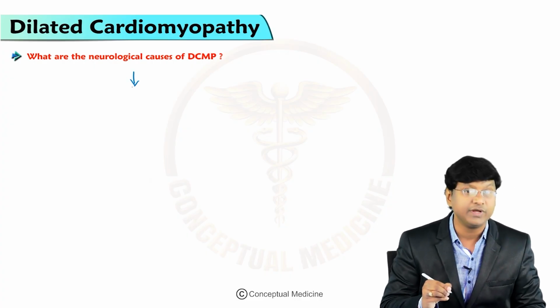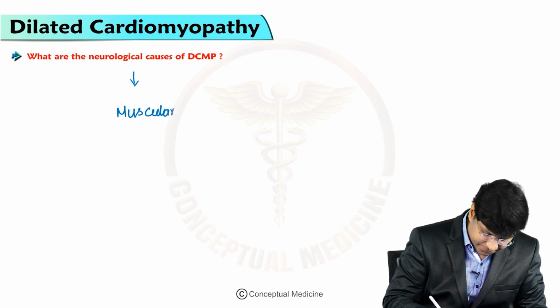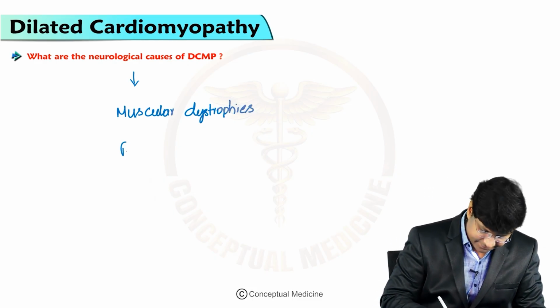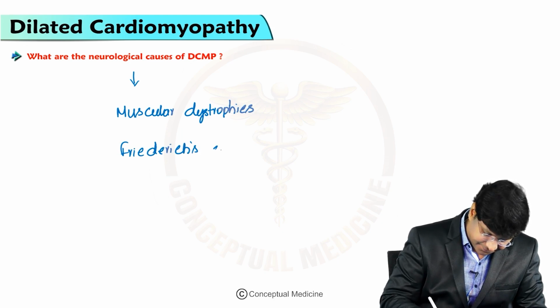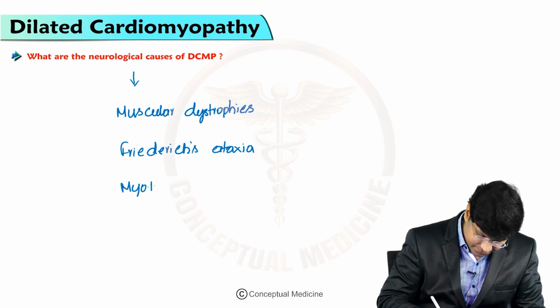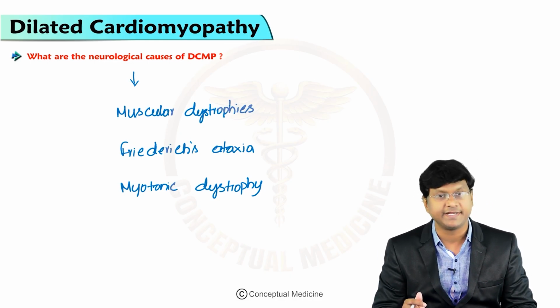That includes number 1, muscular dystrophies. Number 2, Friedreich's ataxia. Number 3, myotonic dystrophy. Okay, so these are the neurological causes for the development of dilated cardiomyopathy.